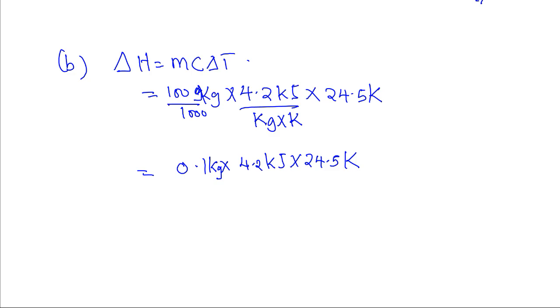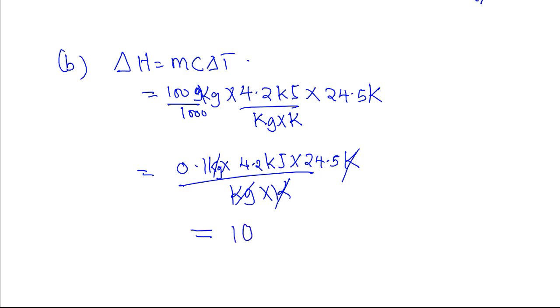If you divide that, kilogram by Kelvin, that and that vanish, these and these also vanish, giving us 10.29 kilojoule.